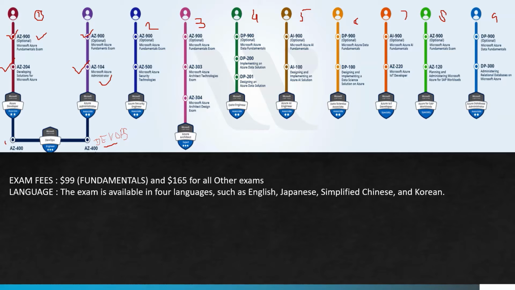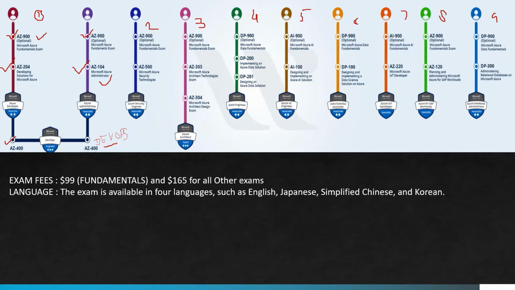And AZ-400 means the Azure DevOps Architect certification. Another route is, after AZ-900 you can pass AZ-104, that is Azure Administrator. And once you have these two certifications, then you can apply for AZ-400 and pass this certification to become a DevOps Architect. Now, without passing either this or this, you cannot actually get this certification.